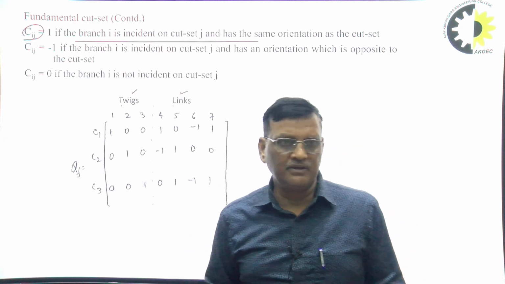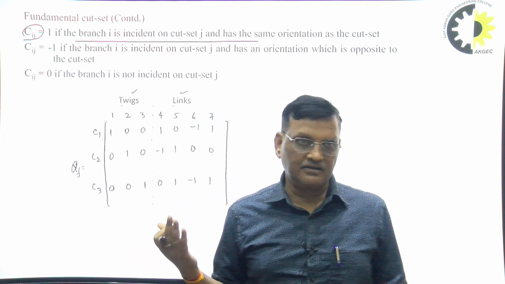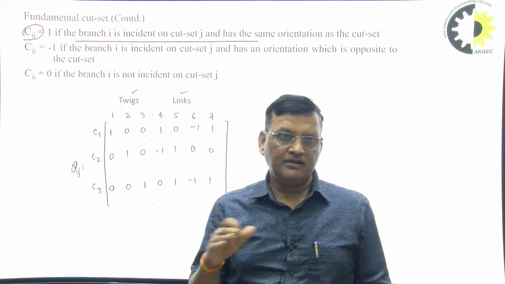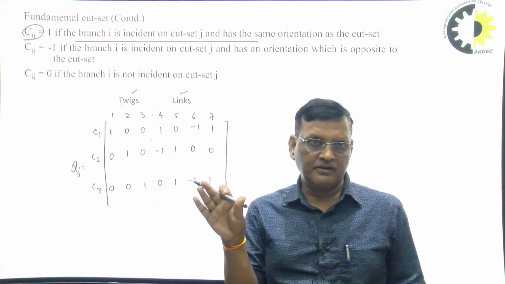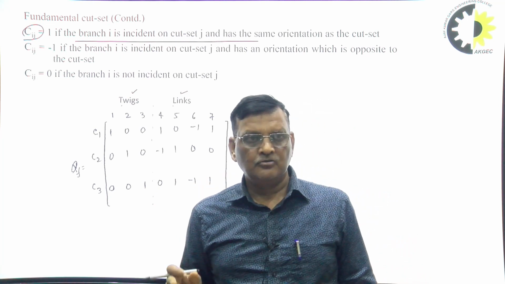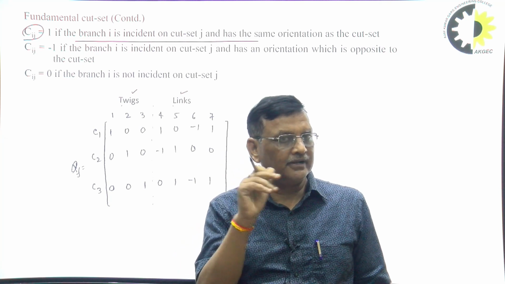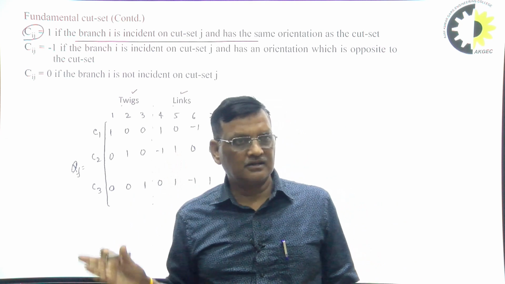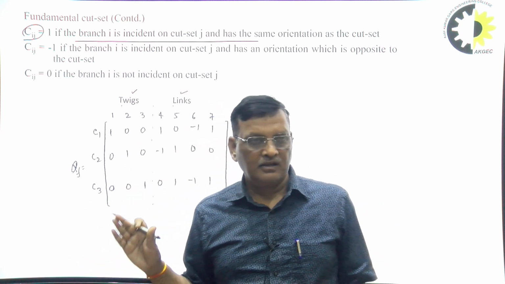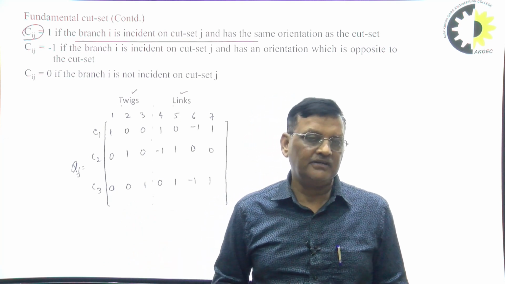Come to the fundamental cut set. The tree is given; if not given, then take a tree. Then the remaining branches are links, and the others are twigs. For a fundamental cut set, we take one twig and a unique set of links and cut the graph, and the orientation of the cut set is the same as its defining twig.